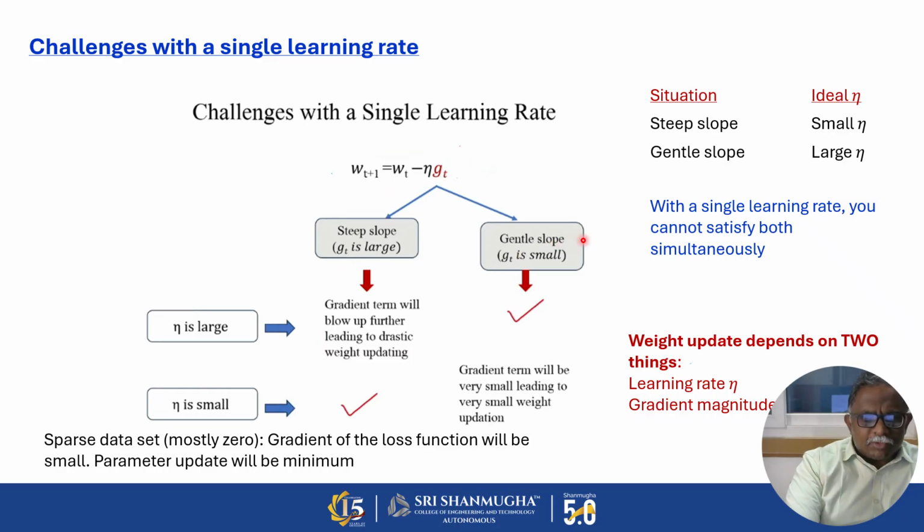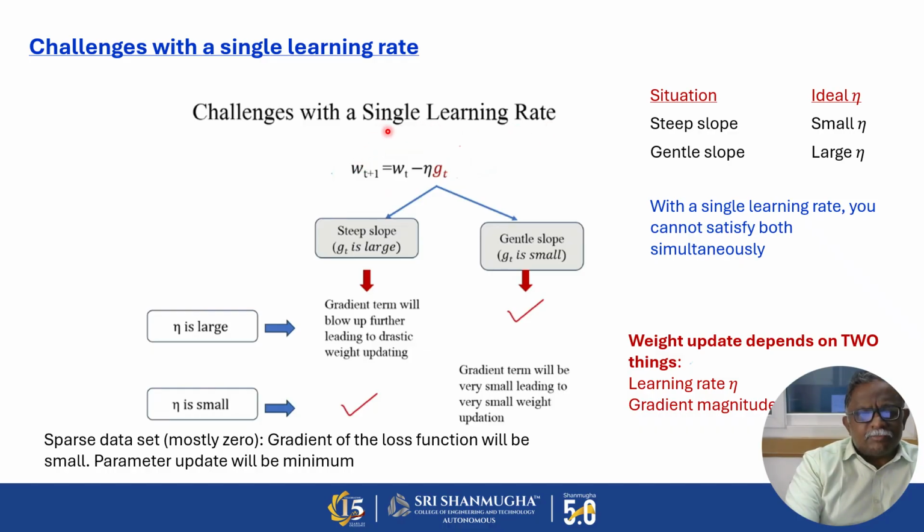But when you have a small slope and the learning rate is very small, it won't update the weights. Okay. So basically, updating the weights depends on the learning rate and the gradient of the loss function. These two terms are very important in updating the new weight. Okay, so that is the purpose of using a single learning rate.